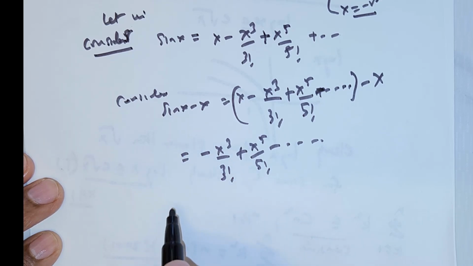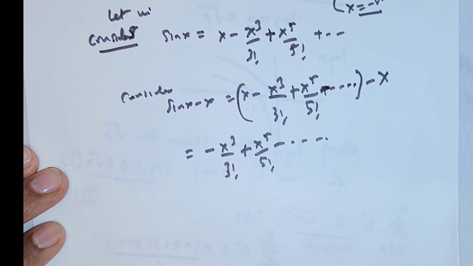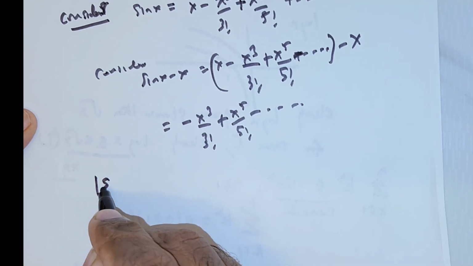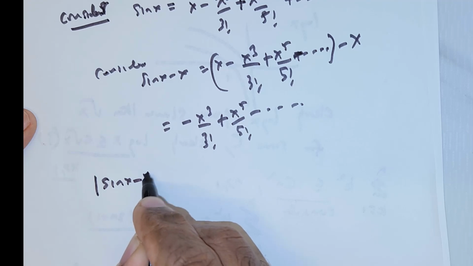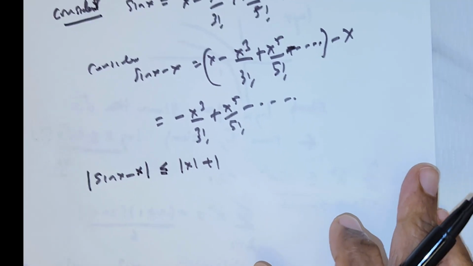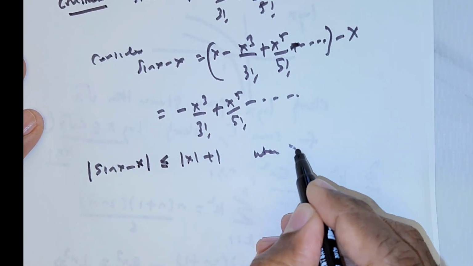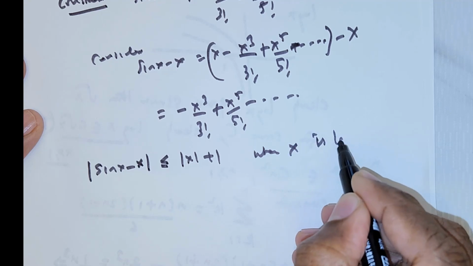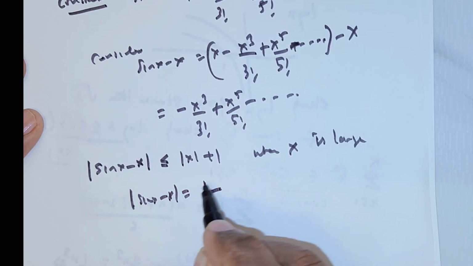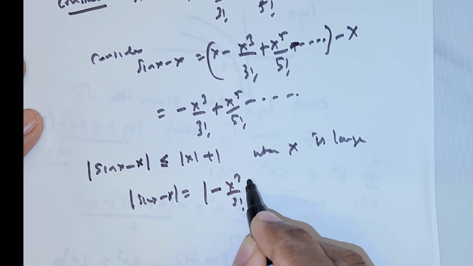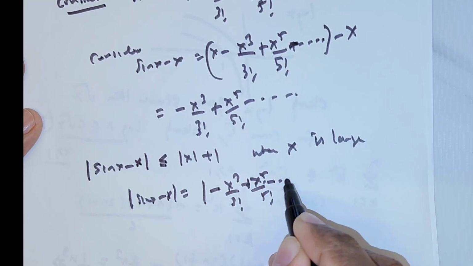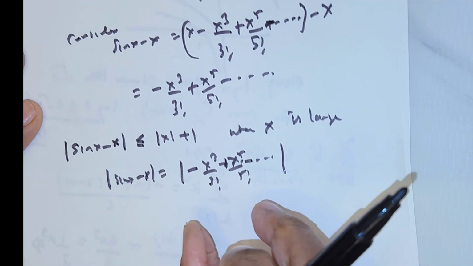Before I apply the modulus, let me show you this all important information. Now this is a popular inequality result, which is modulus of sin x minus x is less than or equal to modulus of x plus 1. Now when x is large, modulus of sin x minus x is equal to modulus of negative x cubed over 3 factorial plus x to the power of 5 over 5 factorial, etc. Okay, this is the modulus that we just got here.